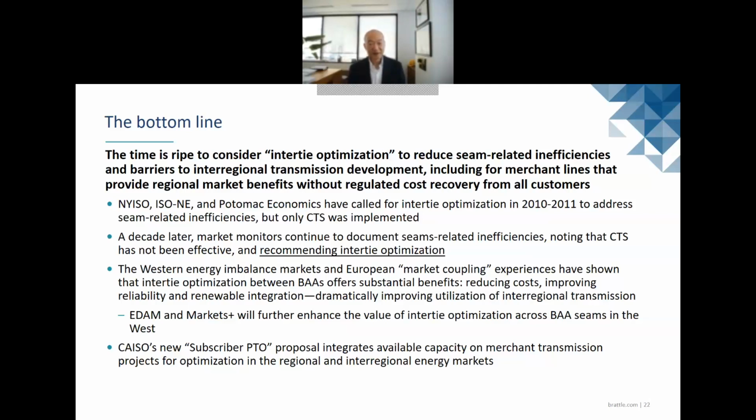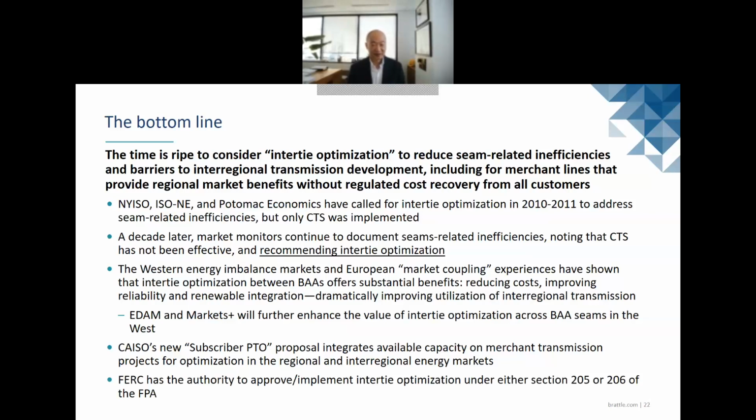And so the failure to optimize interties means that existing infrastructure is underutilized and that the benefits of interregional transmission are not fully realized or compensated by the markets, which in turn reduces the incentive to build interregional transmission and results in a planning process that undervalues its benefits.